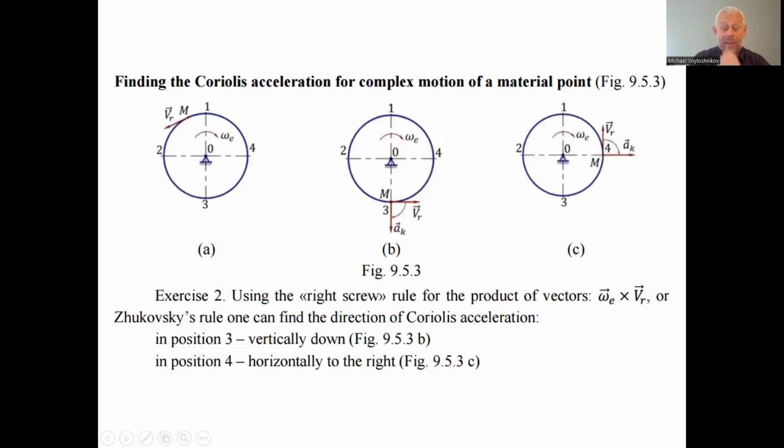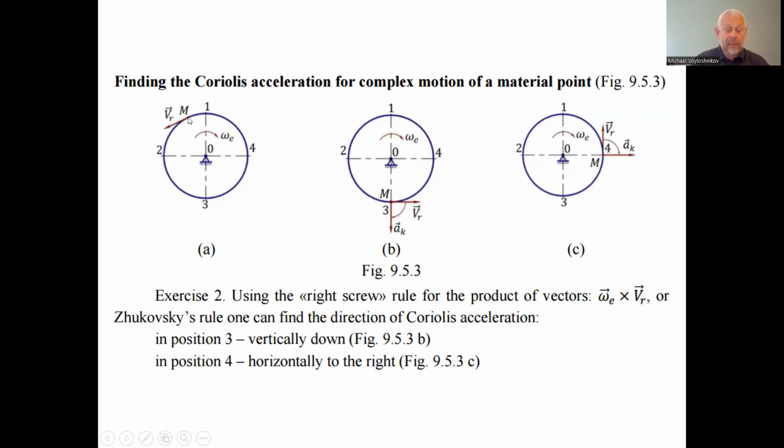So, next example. We have a wheel rotating with angular velocity as shown in figure 9.53a, and on the wheel we have a point moving with the relative velocity VR. Using the right screw rule for the product of the vectors, we find the transfer angular velocity of the wheel and the relative velocity of the point at the point of location, in the natural assignment of the motion of the point.